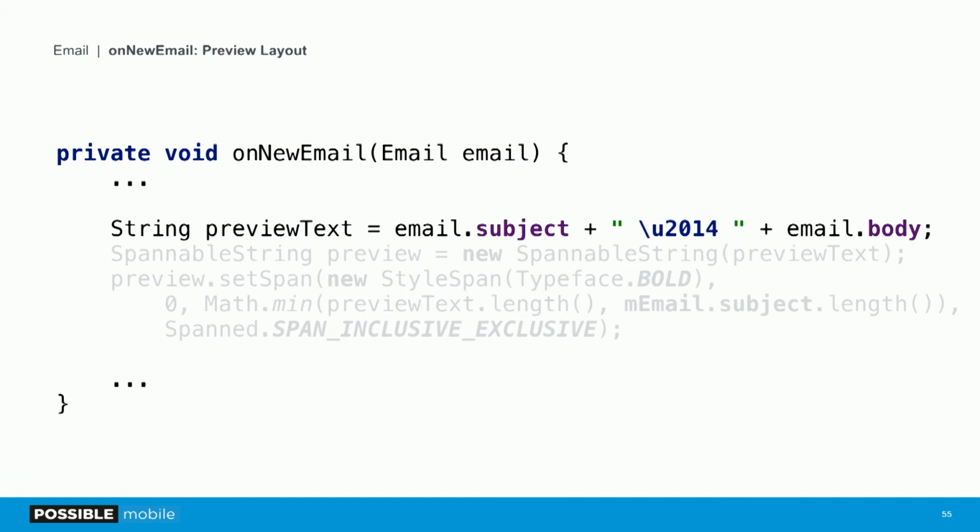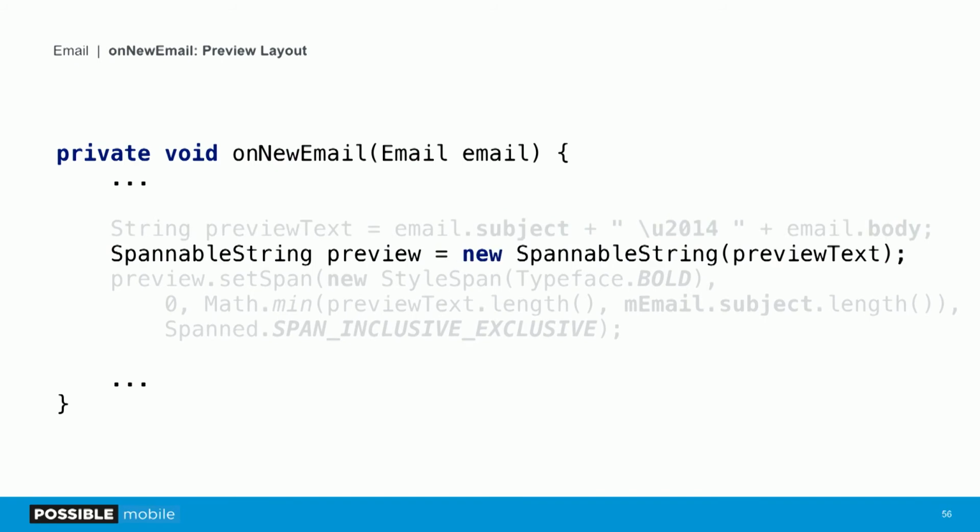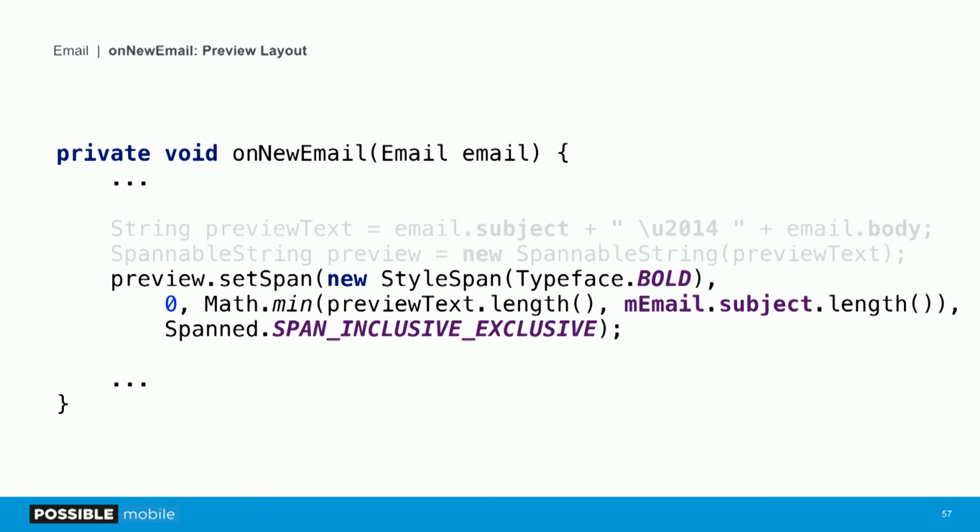Next up, we have our preview text. In this case, we're just going to get the entire string, so we're just going to take our subject, add the entire body to it, and then that Unicode is just a long dash. Next up, we're going to create our spannable string with that text. And what this will let us do, and again, whole talk on this tomorrow at 10, is set how you want your text to show up.